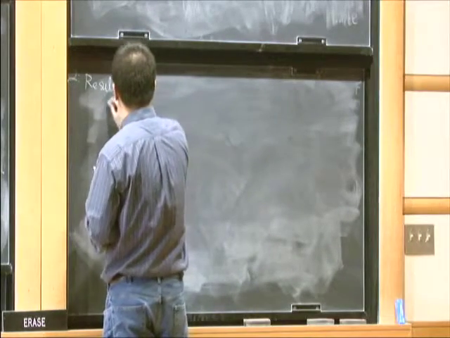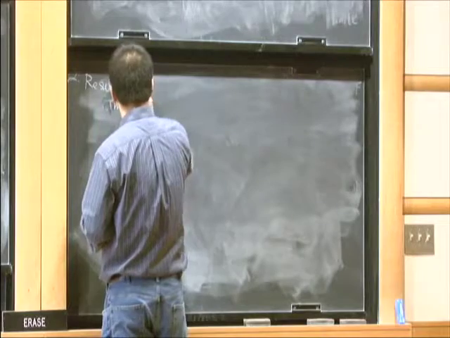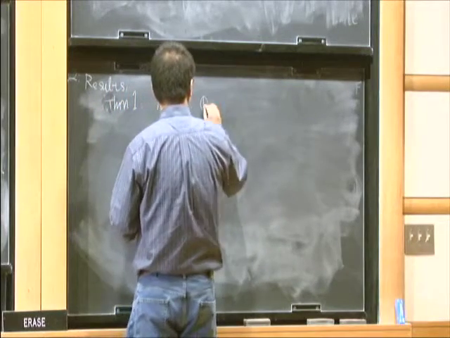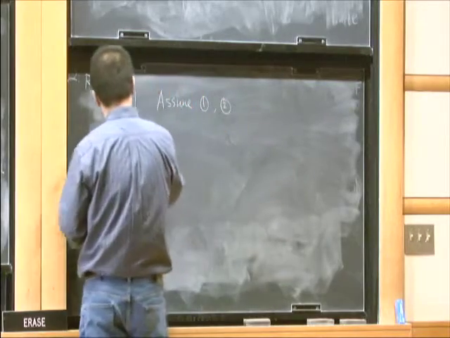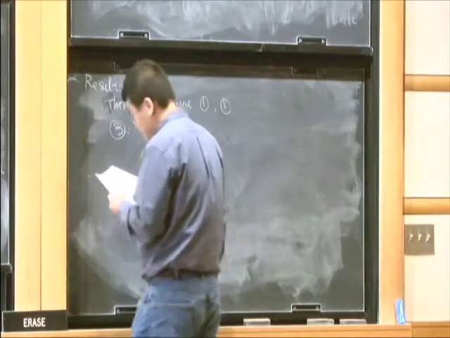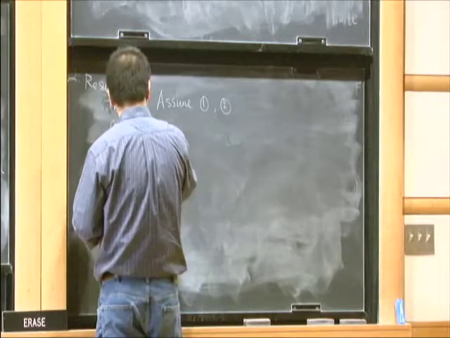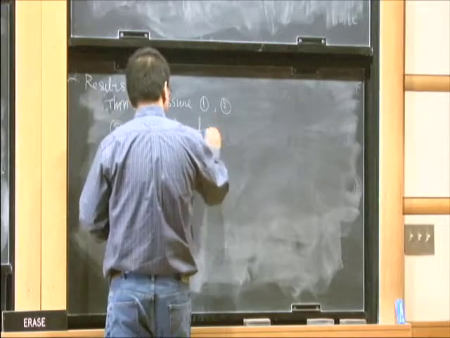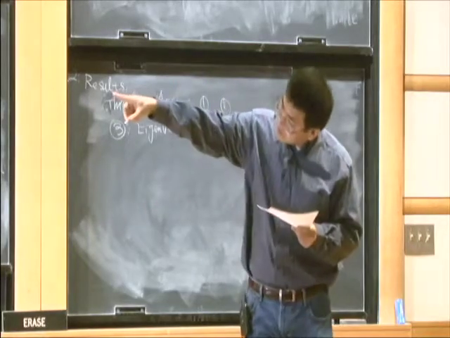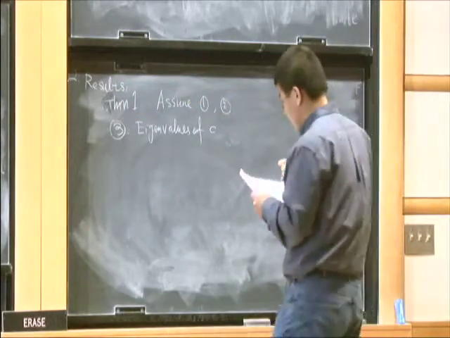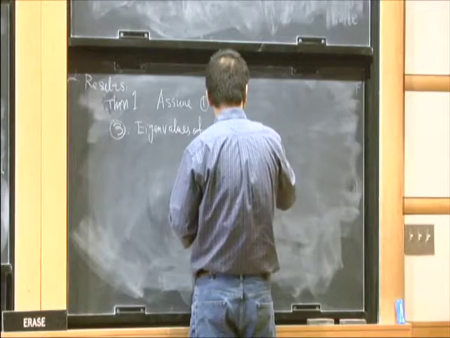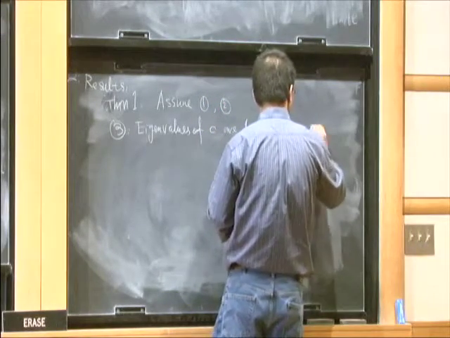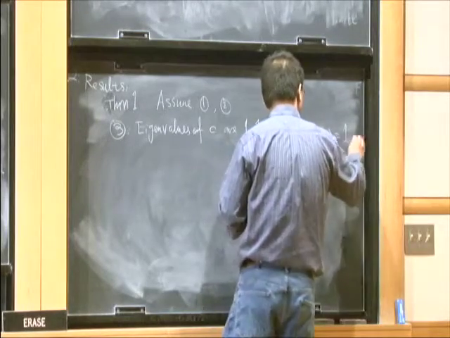Theorem 1: assume 1 and 2, and I'm going to consider condition 3. The eigenvalues of c, remember c is the complex conjugation, are 1, 1, minus 1, minus 1, and r(c) will always be 1 here.